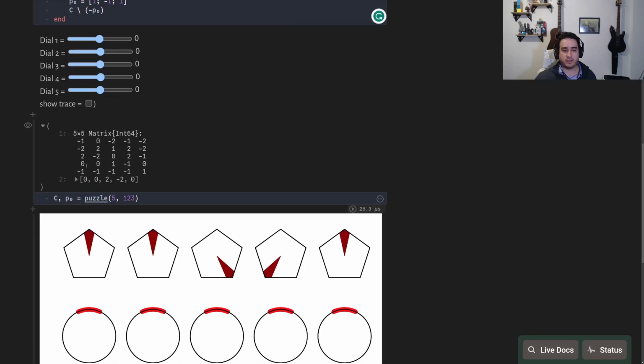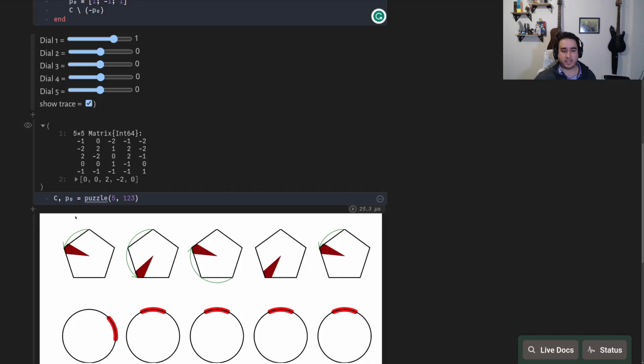When I move the dial once, the first column is moved by -1, so once counterclockwise. So let's show the trace, move the first one.